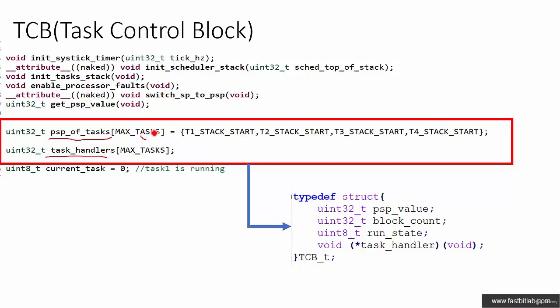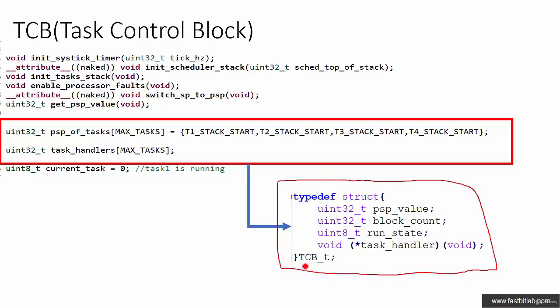Instead of creating these data separately, we can create a TCB structure for a task, and that TCB structure contains all the required information about a task, like its PSP value, its block count or wait count, and another variable to represent its state, whether it is blocked, ready, or running, and a function pointer to hold the address of the task handler. For all this information, instead of creating separate variables, we can create a structure. That would be a good method, and I call it a TCB structure.